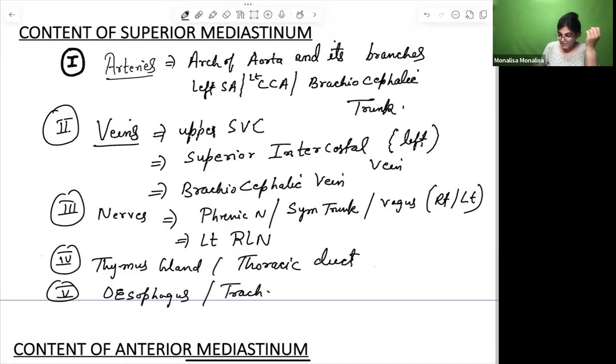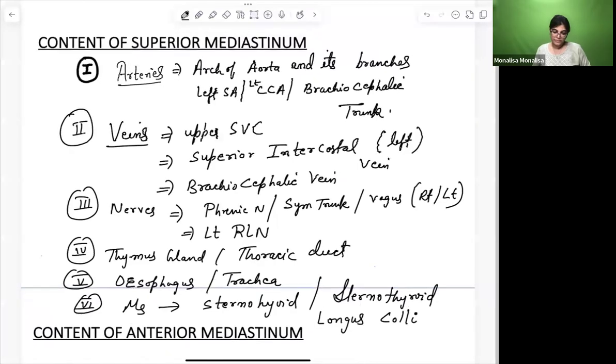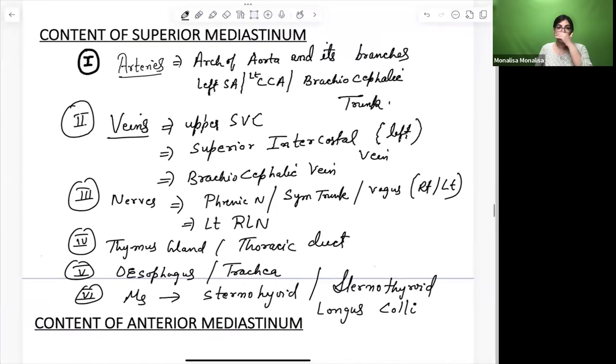We have the muscles too: sternothyroid, sternohyoid and longus colli. These are the contents of the superior mediastinum.